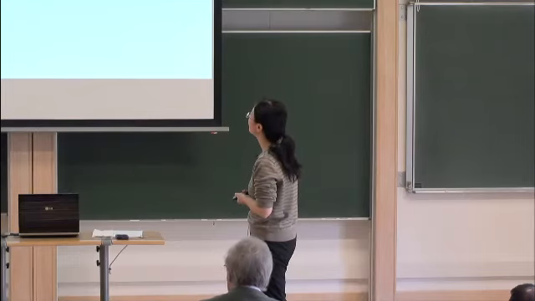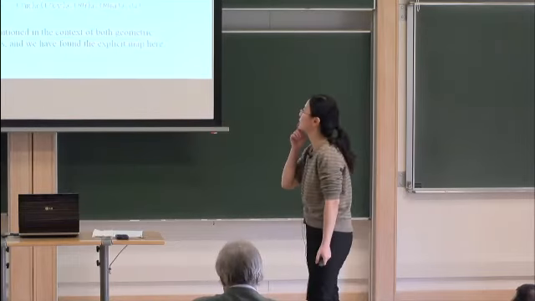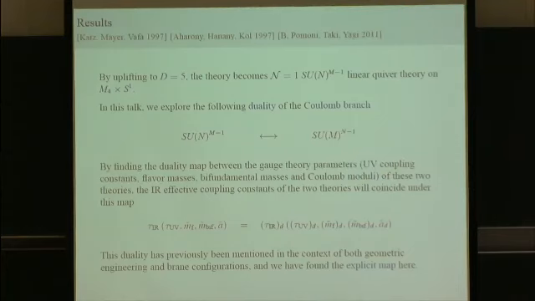Our result is that we explored a duality between gauge theories with SU(N)^(M-1) gauge group and, if you swap N with M, the dual gauge group SU(M)^(N-1), and I will explain why this is so.